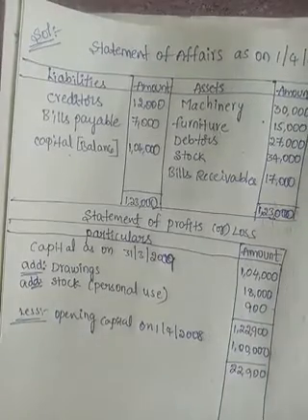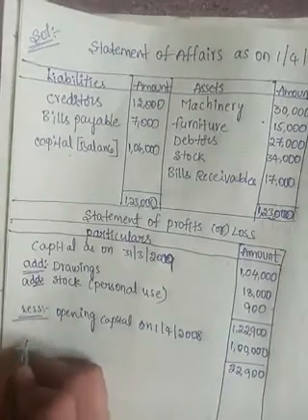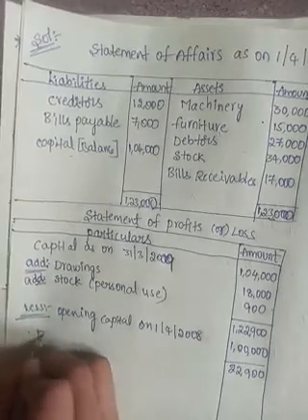This 22,900 is the profit before adjustments.